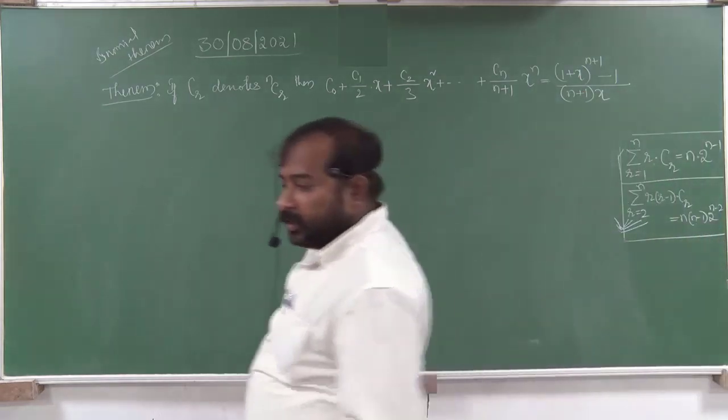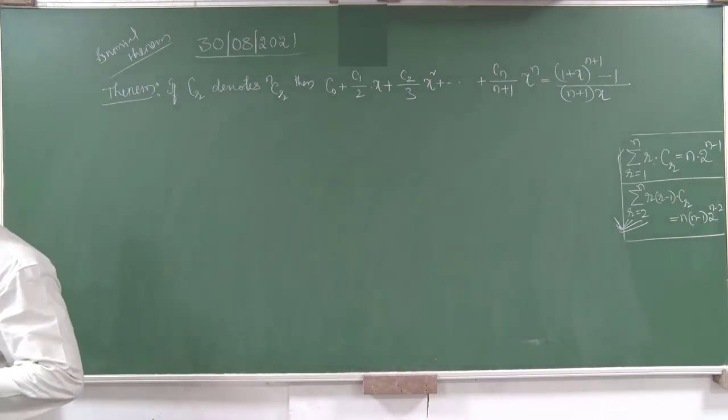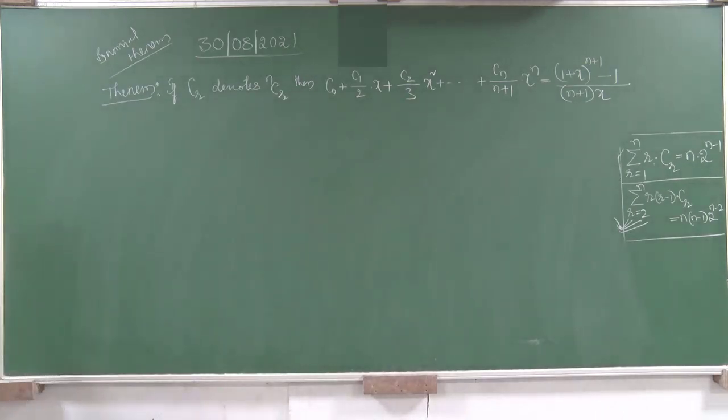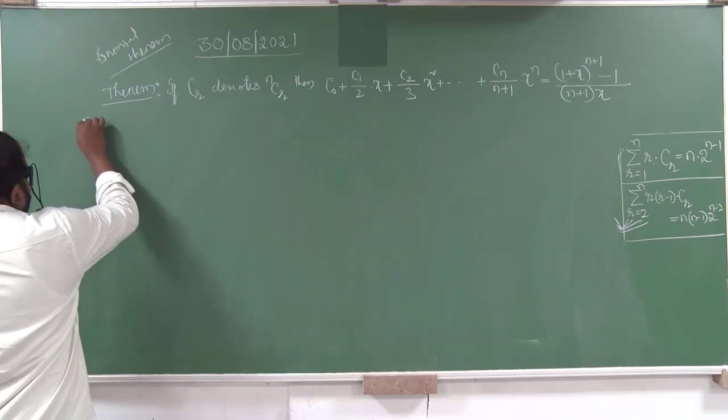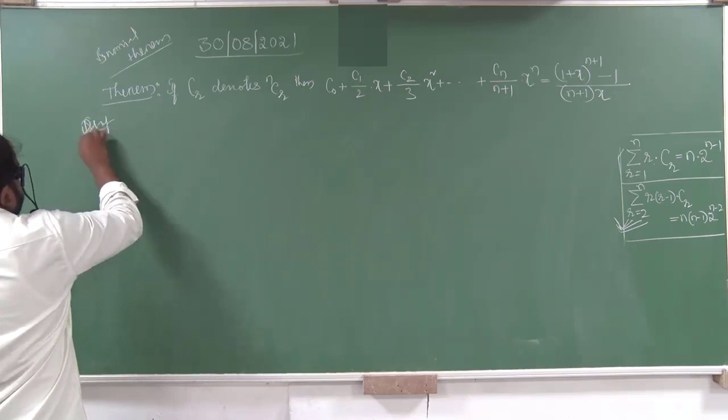One statement is given like this. If Cr denotes nCr, then C0 plus C1 by 2 into x plus C2 by 3 into x square plus and so on, plus Cn by n plus 1 into x power n, is equal to 1 plus x whole power n plus 1, minus 1, by n plus 1 into x. Listen all of you, proof of this theorem.